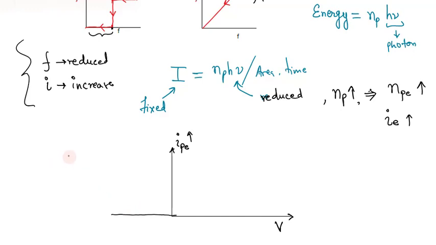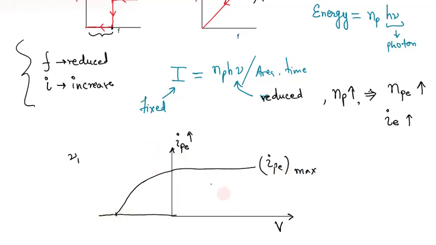At a fixed frequency, let's say mu1, the graph will look something like this. It will increase till some current value, then it will saturate to a maximum current, I_PE. This is at frequency mu1.